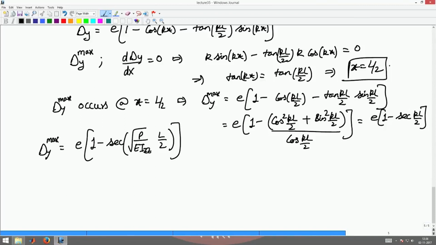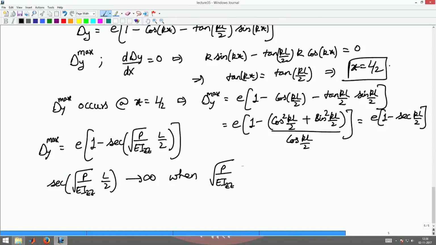So secant tends to infinity when square root of P by EIzz into L by 2 tends to 2n plus 1 pi by 2, n equal to 0, 1, 2 and so on.